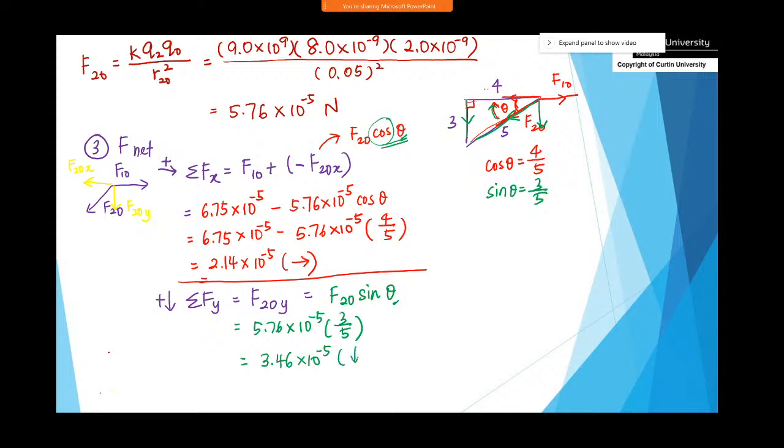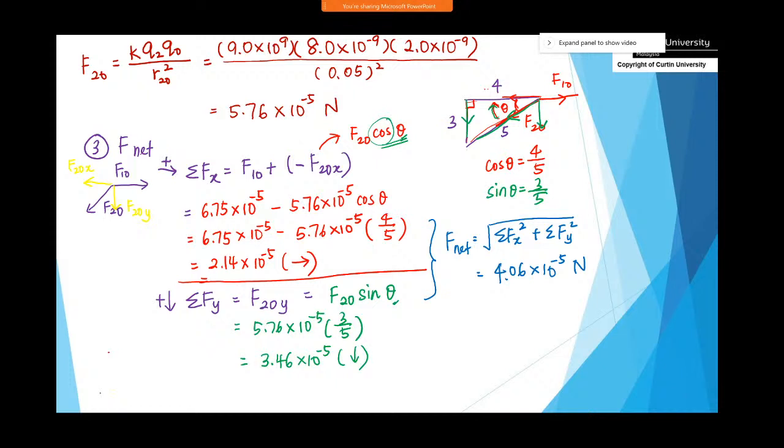So positive value, it will be going downwards. So in order to find your net force now, it's your Fx squared plus your Fy squared and root square again. 4.06 times 10 to the power of negative 5 Newton.